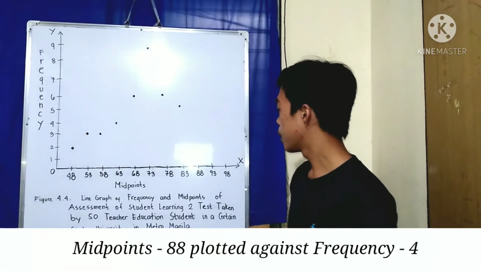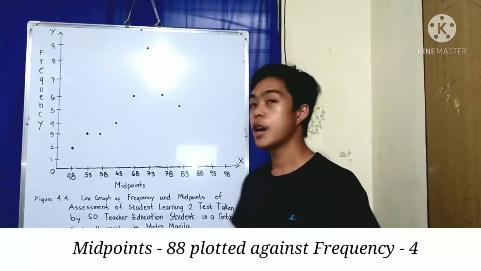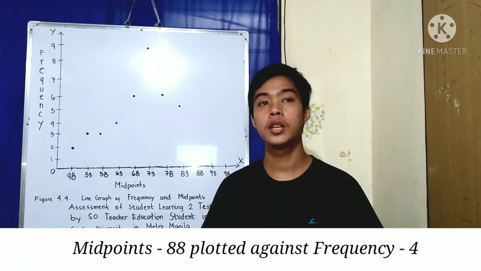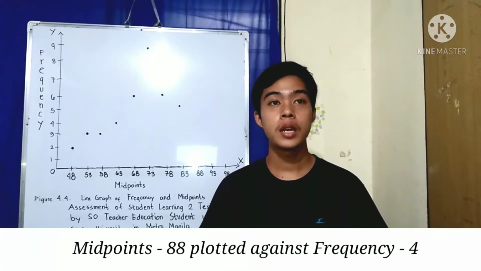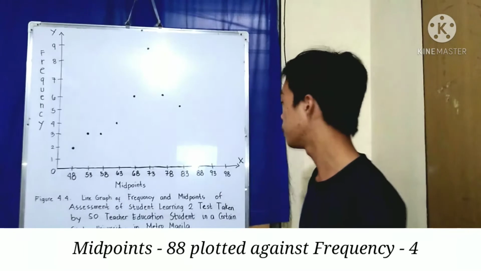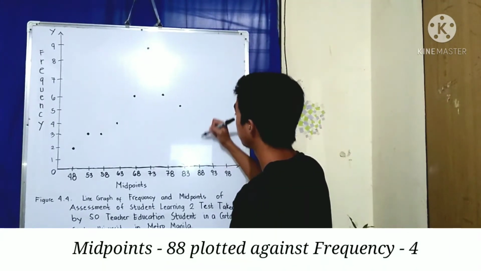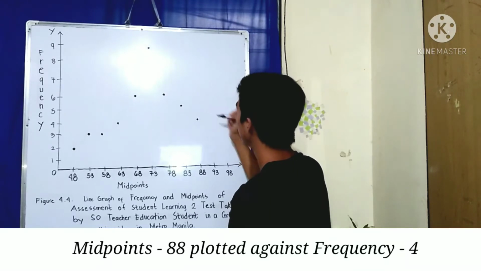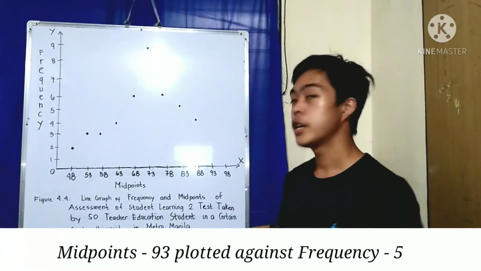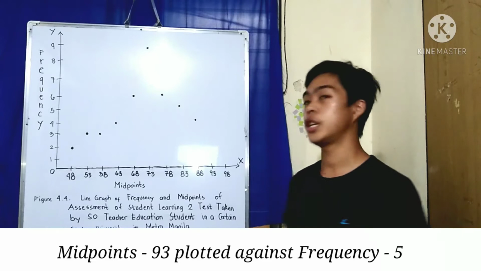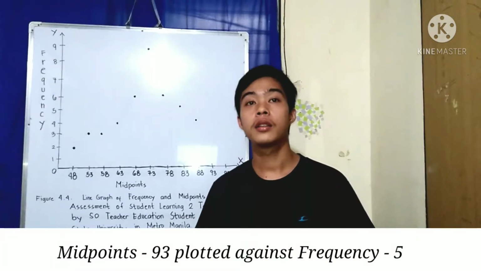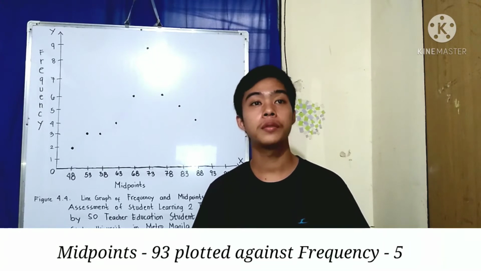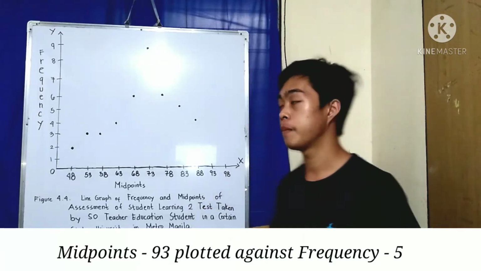Next, in the midpoint of 88, there are 4 education students who got the average scores of 86 to 90. Next, in the midpoint of 93, there are 5 education students who got the average scores of 91 to 95.